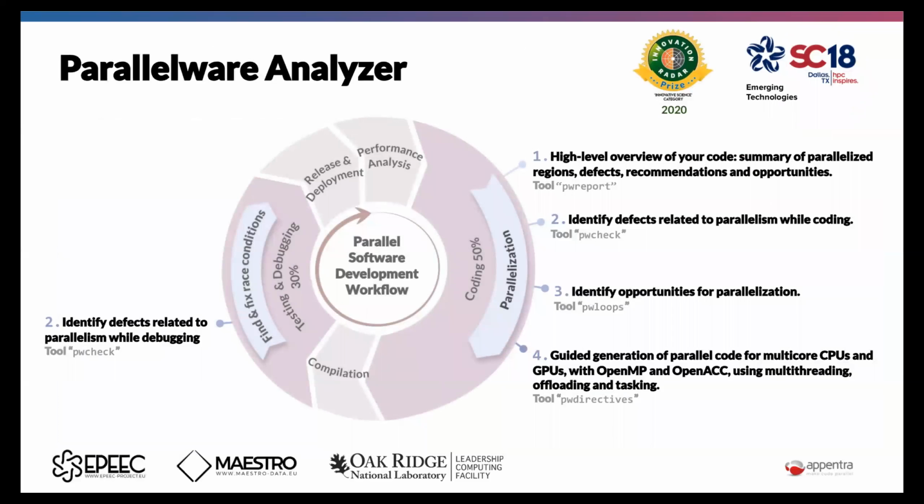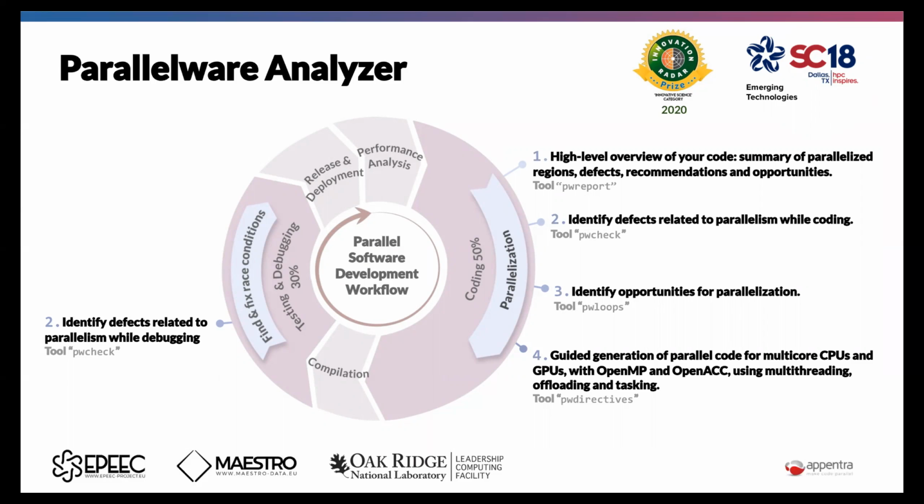So what about Parallelware Analyzer? Parallelware Analyzer was first presented as an emerging technology at SC18. 1 year of development has come up with a set of parallel command line tools that can help you both to test and debug parallel code, finding and fixing race conditions and data movement issues, and also help you during the coding process while you have to code different versions of the code.